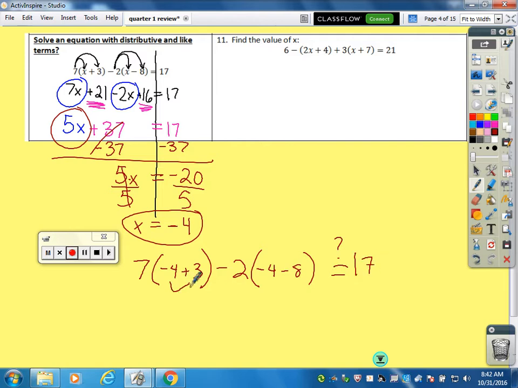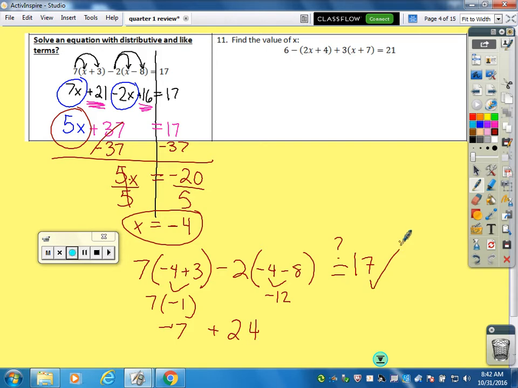So PEMDAS says parentheses first, so that's negative 1. And I've got to say 7 times that, so that's negative 7. Over here, I've got negative 12 times a negative 2, so that's going to make positive 24. And negative 7 plus 24 is indeed positive 17, so we know that's correct.